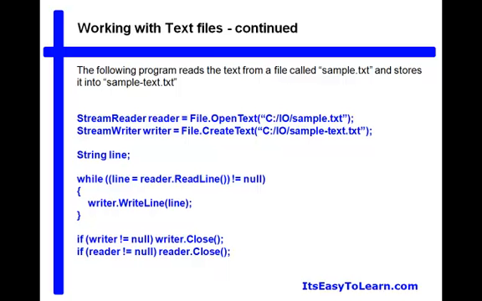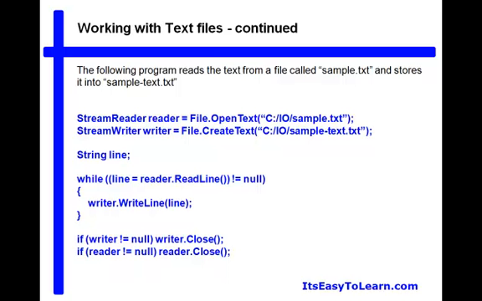The stream reader, since it is a text file, gives us a method called readLine. The stream writer, since it is text-based I/O, provides us a method called writeLine. So stream reader and stream writer read and write data line by line. This is the major difference between text-based input-output and normal byte-based input-output.